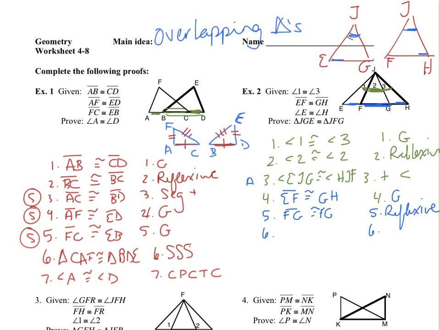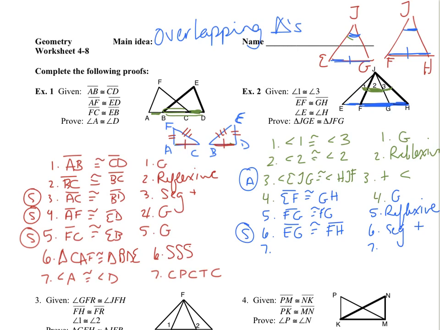And then number 6, I'm going to add FG and GH to get that whole side here, to be able to mark these two congruent. So I would say segment addition. Well, and I get that because EG is congruent to FH. Number 7. So now we proved a side.